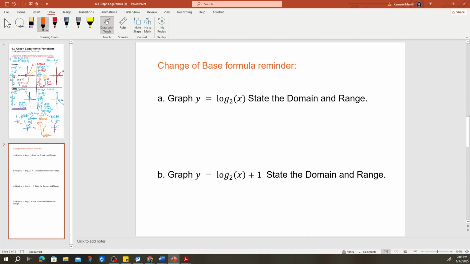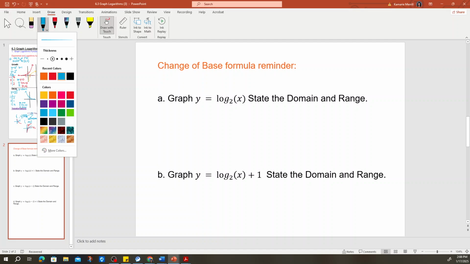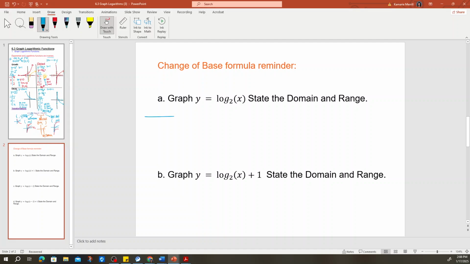First off, what if you don't know how to strategically get these parent values to graph? Because we already practiced this, oh sorry, it's a log, my bad. This -1, 0, and 1 pattern, you can be strategic on what you plug in. What would you strategically plug into this log base 2? 1, 2, 4.